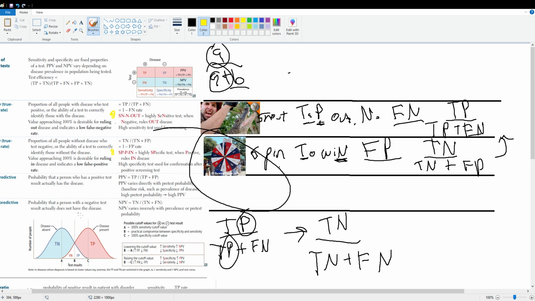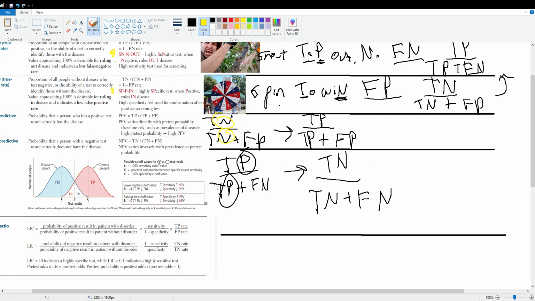This one's a bit more positive, the carnival game, and we're just going to take that same formula that we used for spin to win, true negative over true negative plus false positives, and we're just going to make those negatives, positives. So true positive over true positive plus false positive.